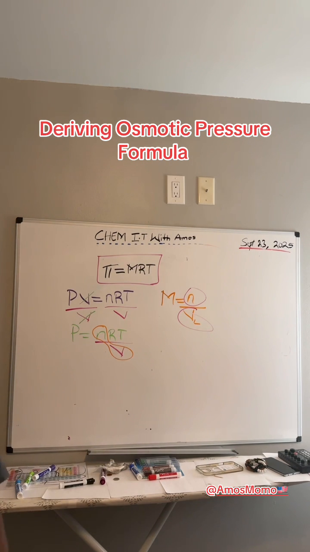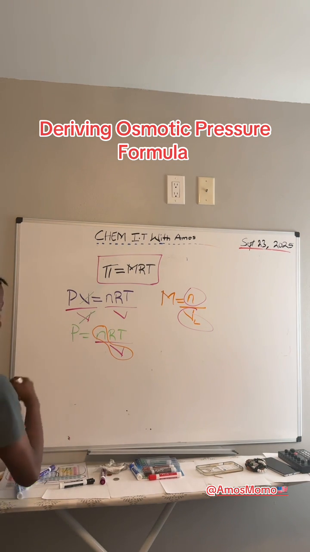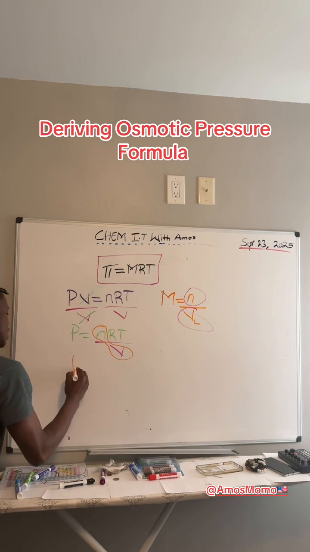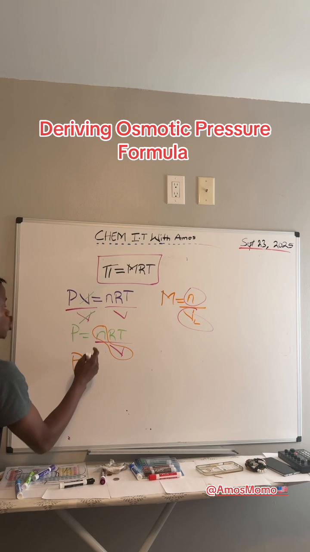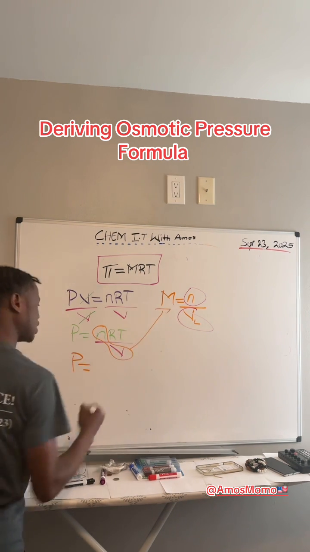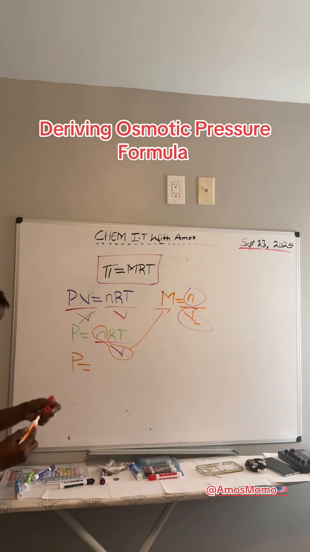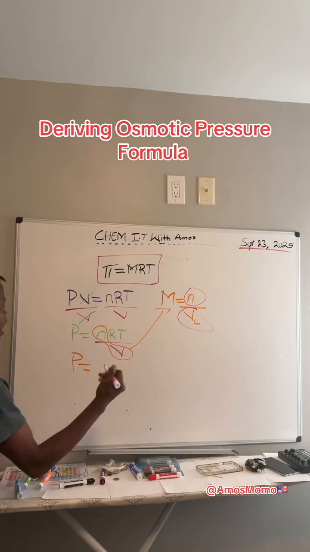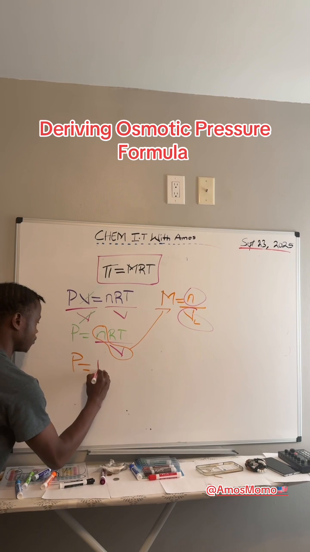This also becomes the formula for osmotic pressure, but it appears differently. To make it a little more standard, we can replace mole and volume by capital M. Therefore, P now is equal to, so mole over volume gives our molarity.